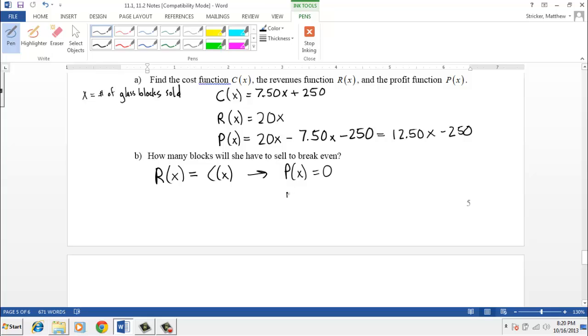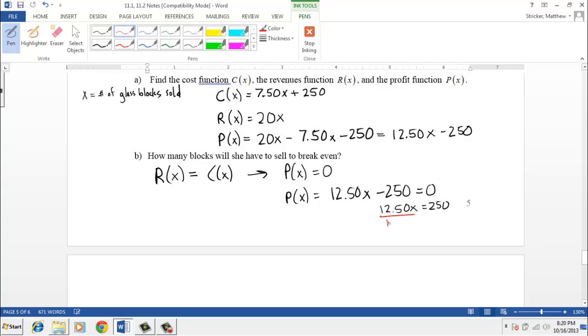That means our profit function, that was 12.50x minus 250, has got to be equal to 0, which we can solve something like this. If we add 250 to the other side, that gives us 12.50x equals 250.